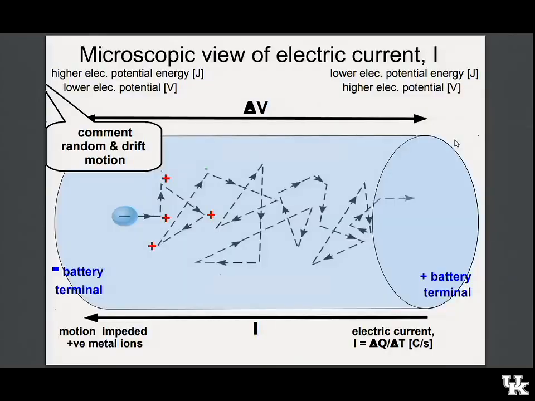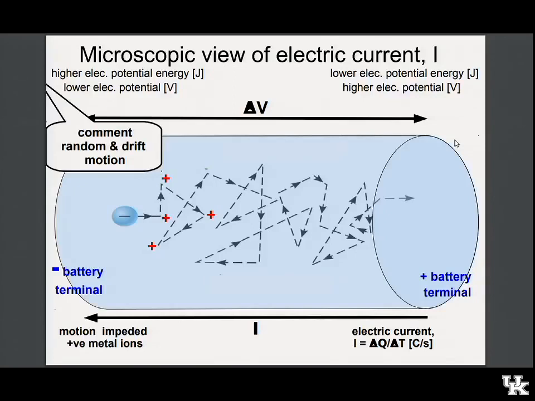Here's a microscopic picture of an electron flowing down a wire. It's flowing from the left to the right in this particular picture. This is the negative terminal that it's repelled from, and this is the positive terminal it's being attracted to.